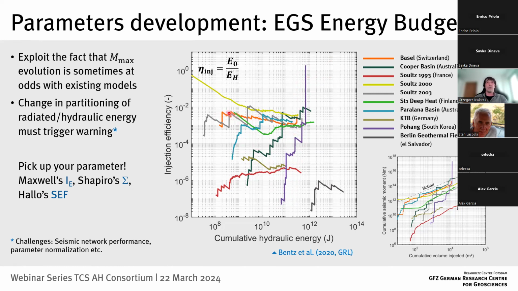This is the safest approach, and in general, the lower the value here, the better. Anyway, a change in partitioning of the radiated to hydraulic energy must trigger a warning, and that's one of the potential parameters that you can track. But actually, there are many more. There is a similar parameter, Shapiro's seismogenic index, or for example, the seismic efficiency factor of Hallo.